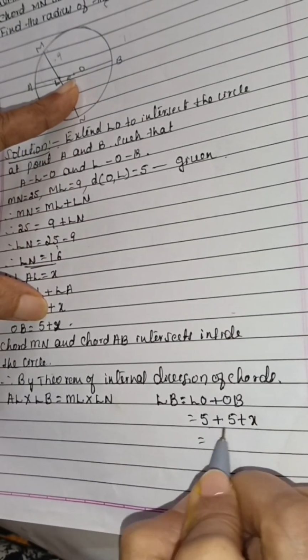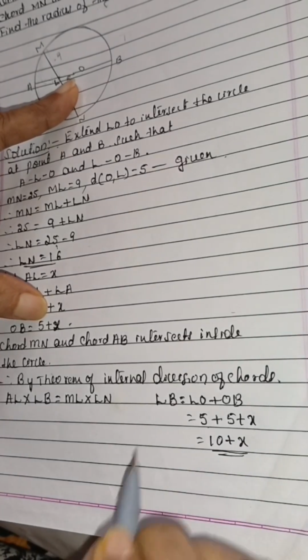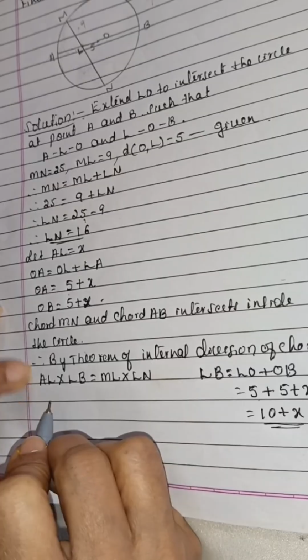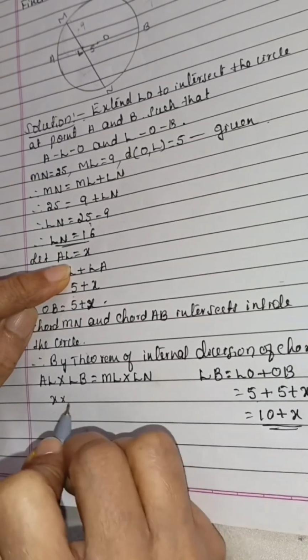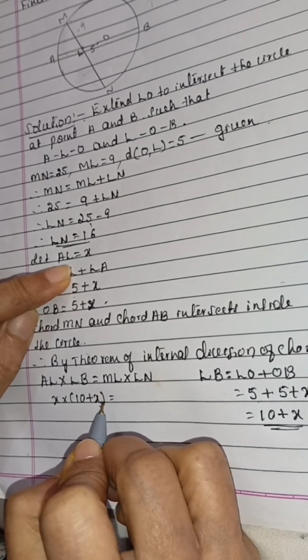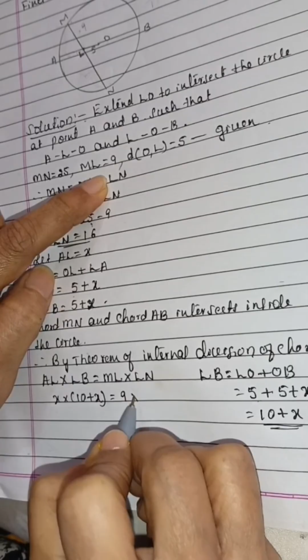So 5 plus 5 is 10, 10 plus x. This is LB. Now we can substitute all values in this formula. AL is x, which we have considered, into LB is 10 plus x, equal to ML is 9 into LN.